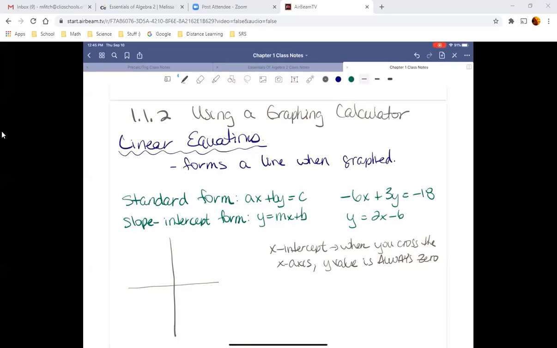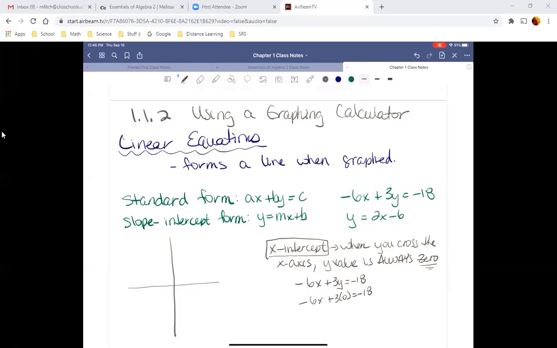So if I look at my little equation, negative 6x plus 3y equals negative 18, and I'm looking for that x-intercept, what's my y value going to be? 0. So guess what I can do on my equation? What can I put in for y? 0. So negative 6x plus 3 times 0 equals negative 18.